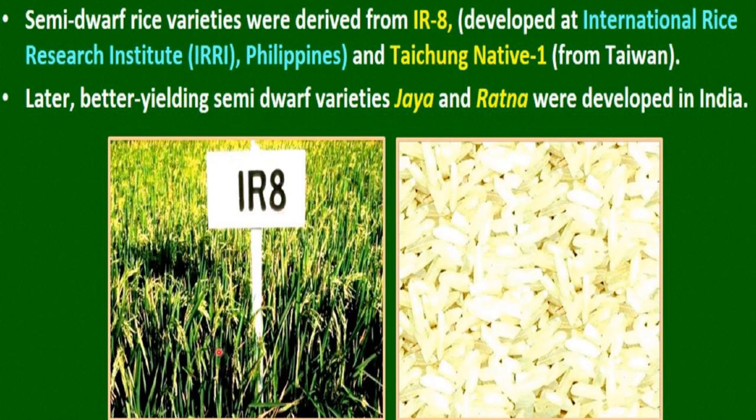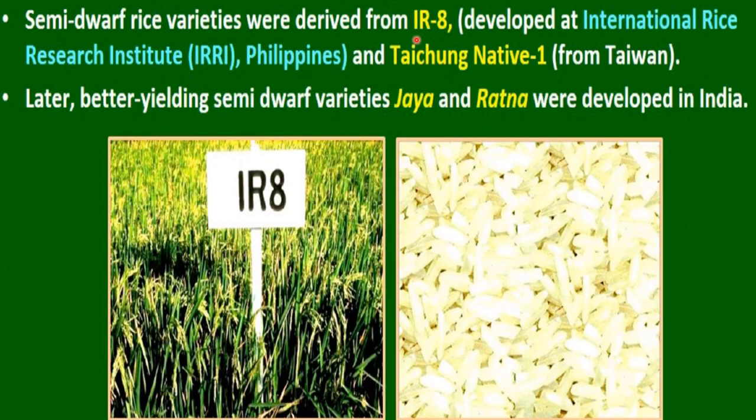And another semi-dwarf variety of rice was derived from this. By using this, a semi-dwarf rice variety was produced that was hybrid. It was a hybrid of IR8 and also Taichung Native 1. It was used for making a semi-dwarf rice variety.